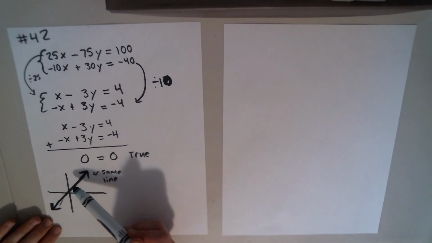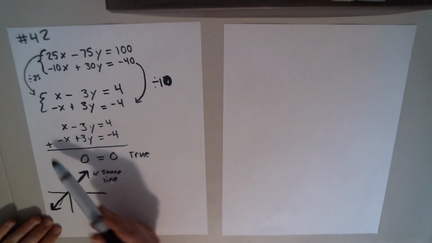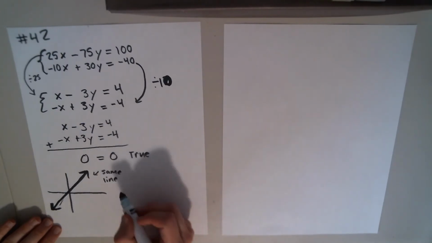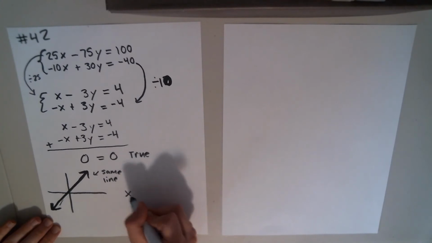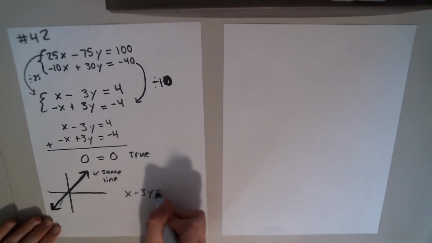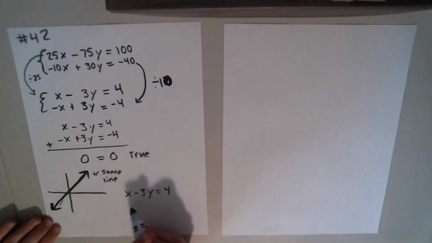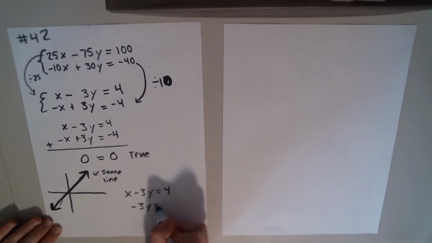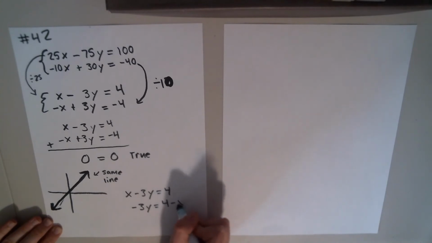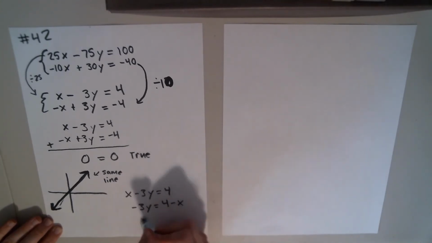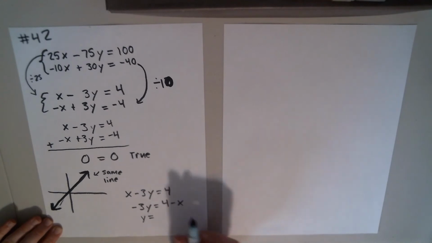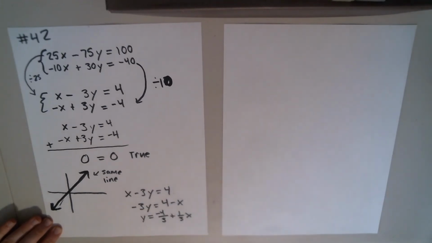Usually a y equals equation. So I'll take one of these and solve for y. So I get x minus 3y is equal to 4, and I'll solve this for y. So I'll subtract over x, and then I'll divide by negative 3. So I get negative 4/3 plus 1/3 x, okay?